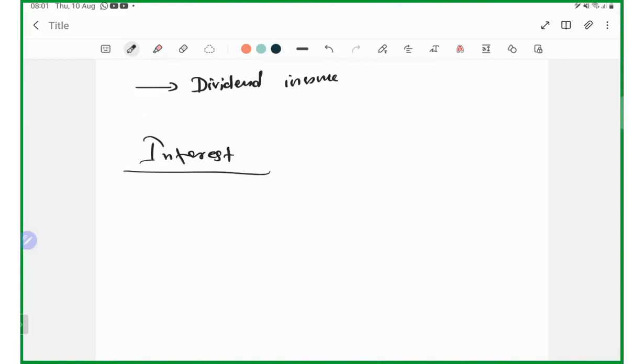If there is interest in foreign currency, that will not be taxable because it is exempted. I will not discuss that part much because you know it already. Here I will only discuss the changes after 1st January 2023 and 1st October 2022, because I will not discuss the whole syllabus here.